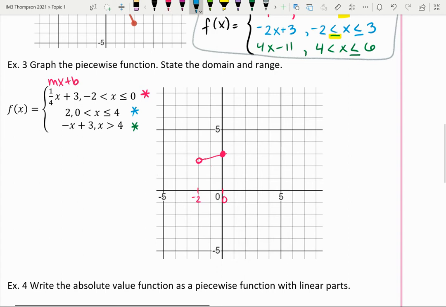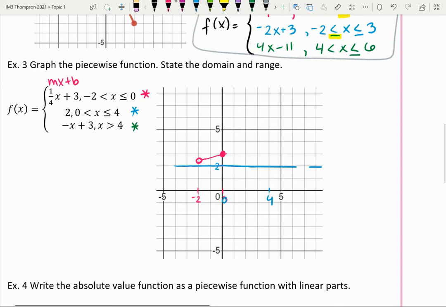All right, the blue piece, y equals 2. So y equals 2 is a line that's horizontal at 2. But here, this only exists from 0 to 4.